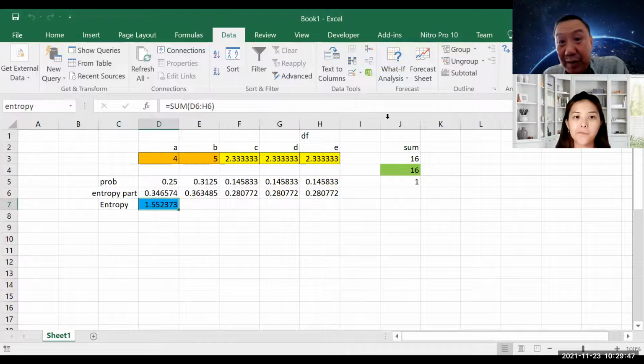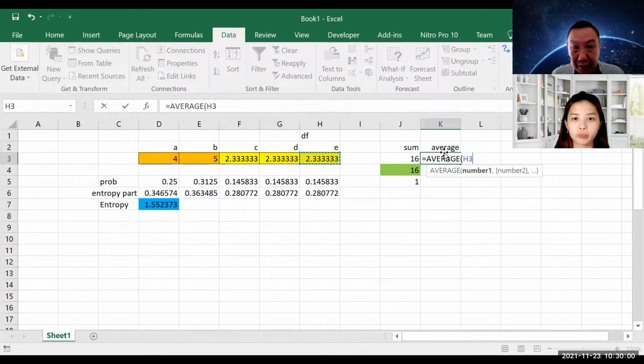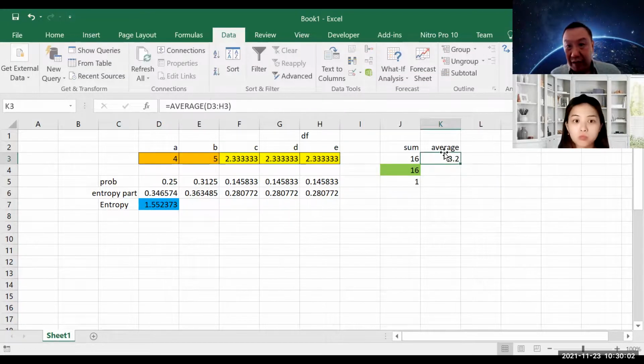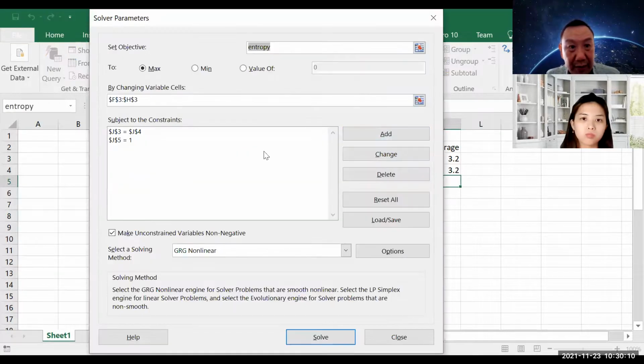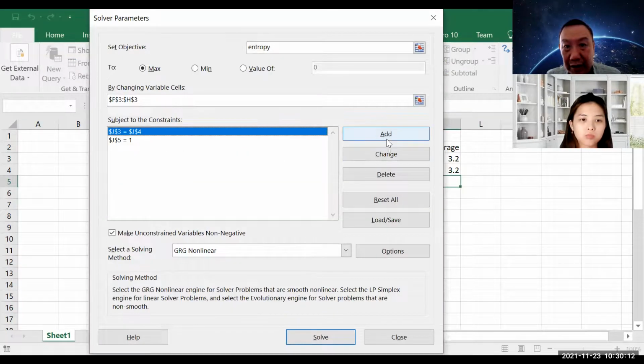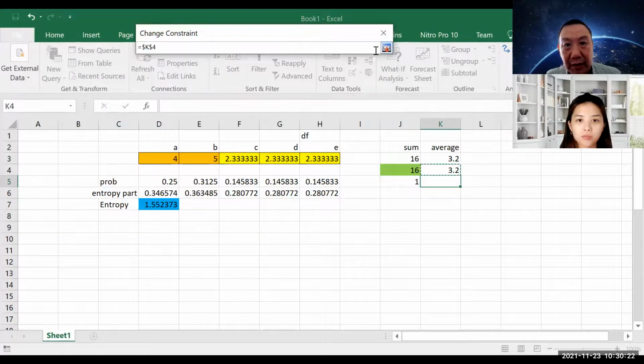Easy, right? So now if you say, oh, I don't want the sum, I want the average. The average of this one is 3.2. Now I change this: the cell of this one must be the same as this one.